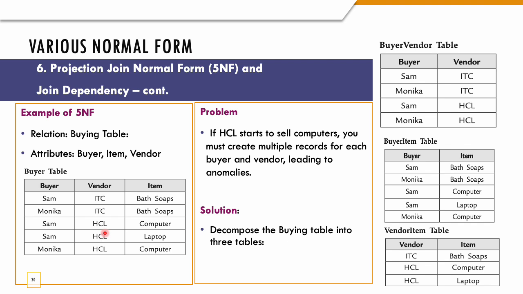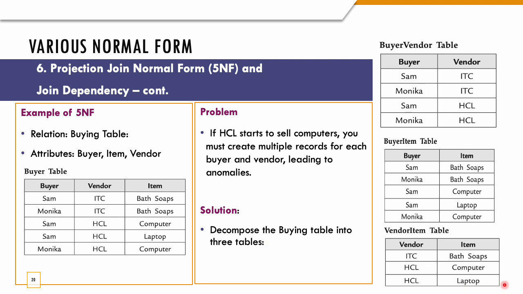If a new vendor, let's say HCL, starts selling computers, multiple records would need to be recreated for each buyer who could buy from HCL. This will lead to redundancy and update anomalies, as each combination of buyer, item, and vendor needs to be listed separately.